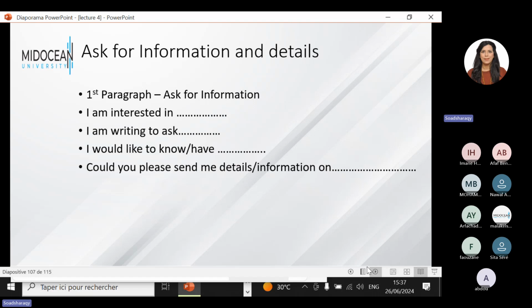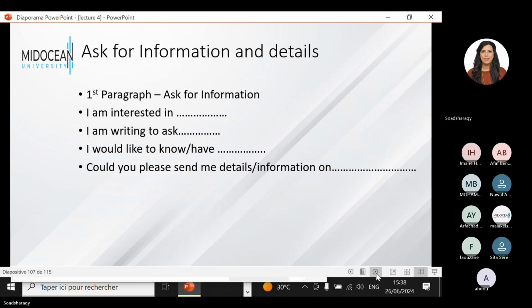First paragraph, ask for information and details. Example, I am interested in, or I'm writing to ask, I would like to know or have. Could you please send me details or information on?